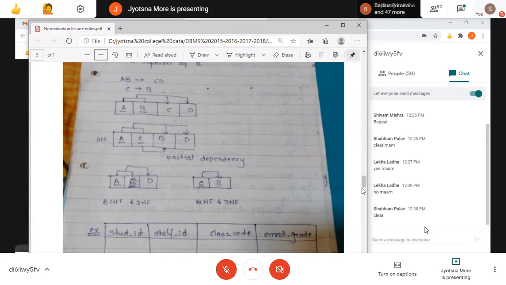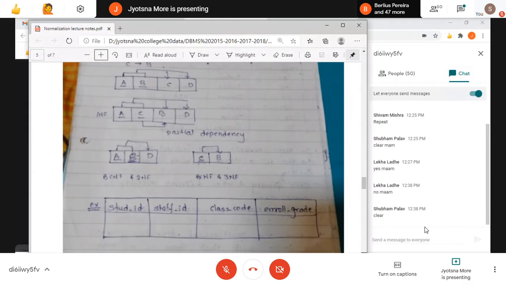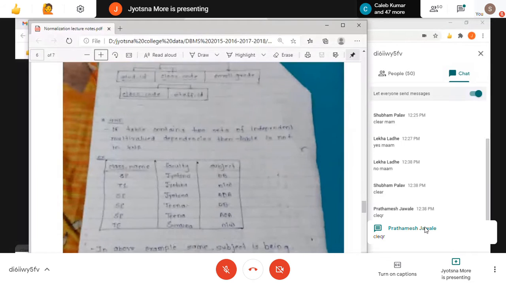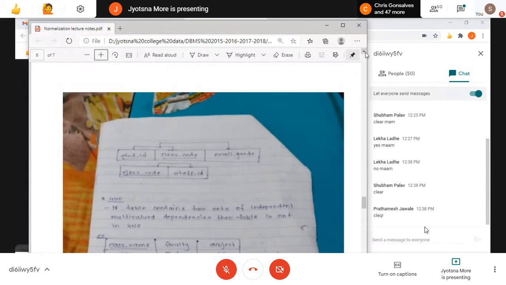Yes. So there is one more concept, that is, as I said, 4NF, which I am covering extra for you people. This is example which I will take afterwards. 4NF. So 4NF is nothing but if table contains two sets of independent multivalued dependencies, then table is not in 4NF.